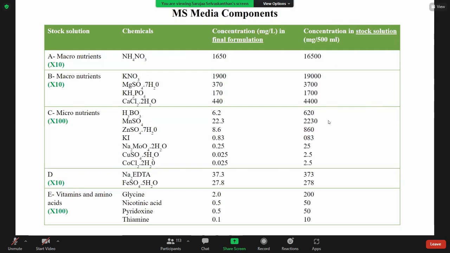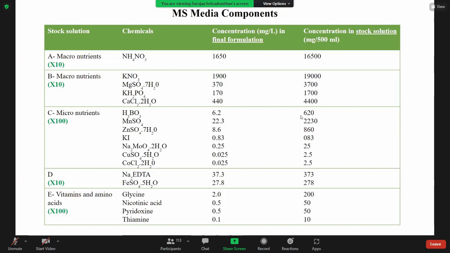A, B, and D only 10-fold concentration. We measure that chemical and dissolve in 500 milliliter. C and E, 100-fold concentration. We measure the chemicals and dissolve in 500 milliliter water. Now, our stock solutions A to E are ready.